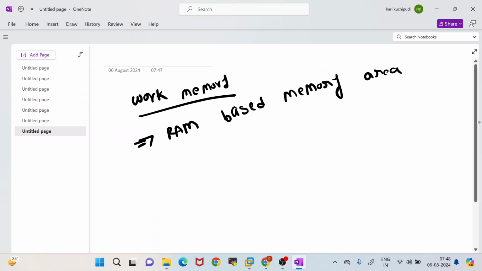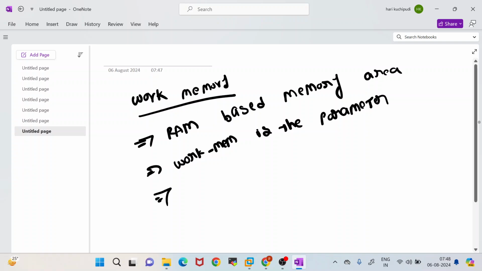What is the parameter related to work memory? work_mem is the parameter. And what is the purpose of this work memory?